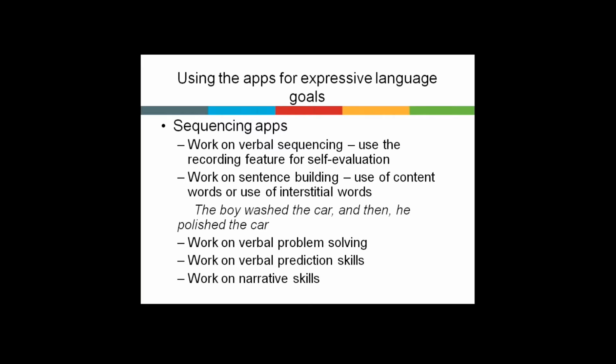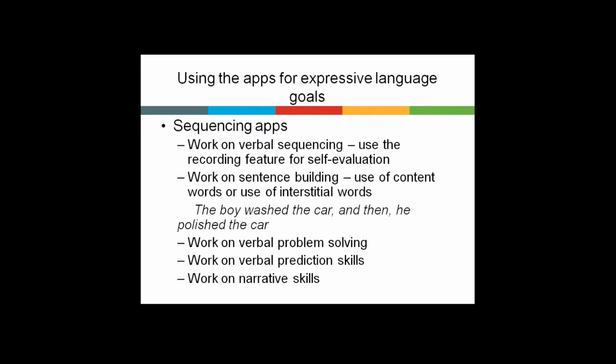Okay, so thinking about using the apps for expressive language goals, if I was looking at the sequencing apps, I think the obvious one that you would all think of as well was working on verbal sequencing. And I think the nice feature in the app is the recording and listening back that you can do, which I think is nice for working on self-evaluation as well.